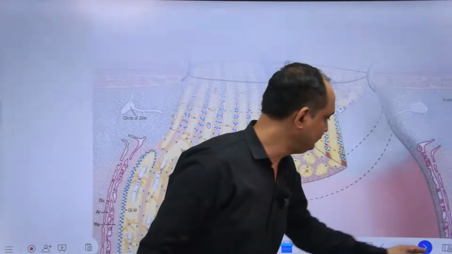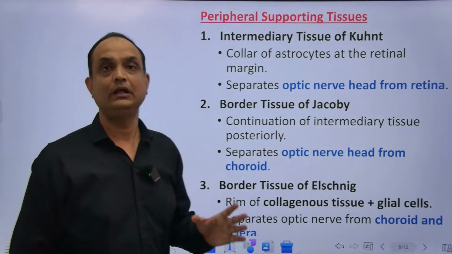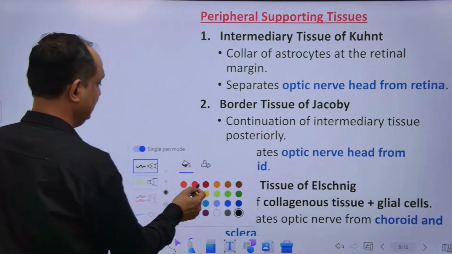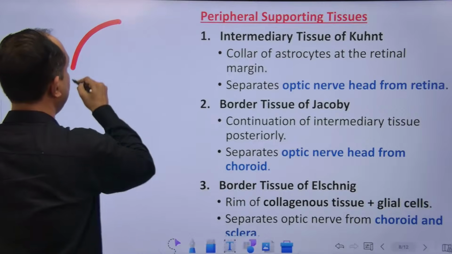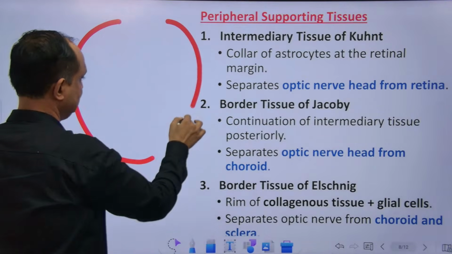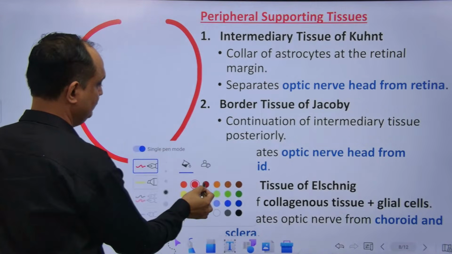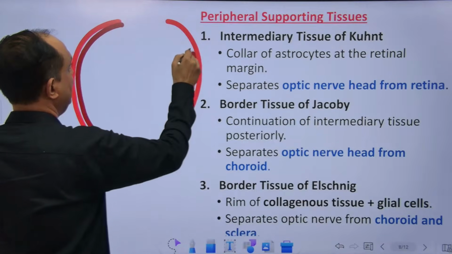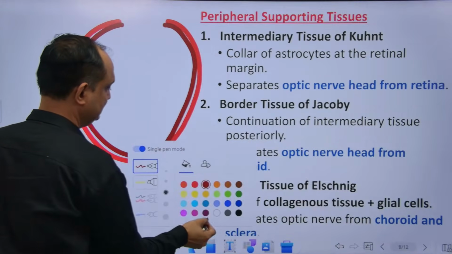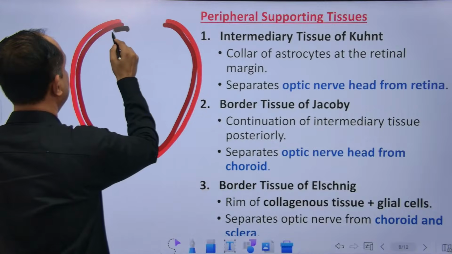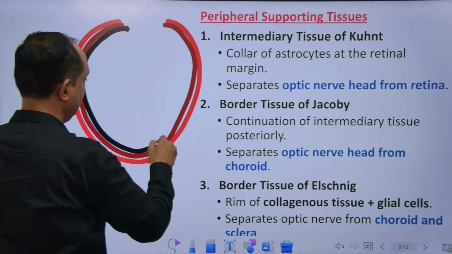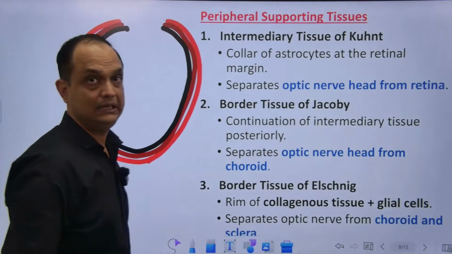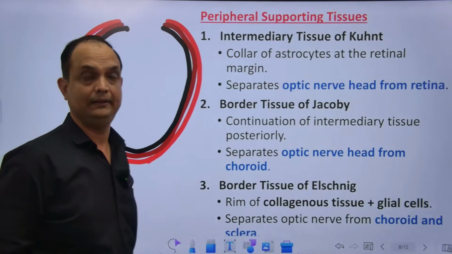Clear? Now we'll move to the next important concept. If I draw the three layers again, this is the outer layer, known as the sclera. Inside that you have another layer, the choroid, and one more layer on the inner side, the retina. Clear? Now there is a gap between the three layers, which is known as the optic head.